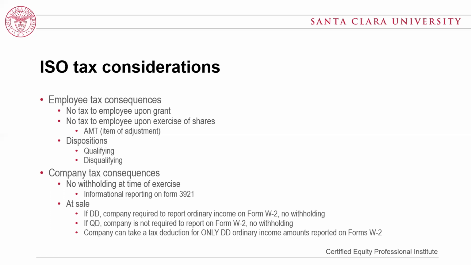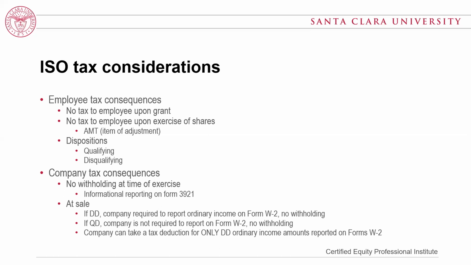If the sale is a disqualifying disposition, meaning that one or both of the holding period requirements are not met, the ISO taxation will end up looking a lot like an NSO. The spread on exercise will be taxed as ordinary income, although the tax treatment occurs in the year of sale, not in the year of exercise.